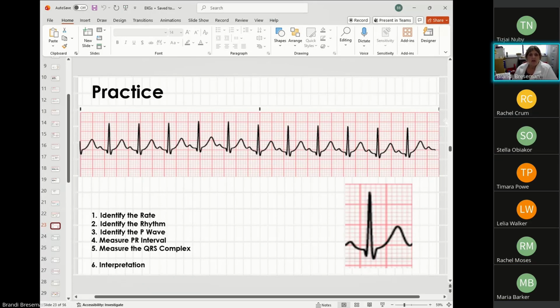Okay. Is the rhythm regular or irregular? Regular. It is regular. Correct. Good. Everybody see that? Let me get into my chat. Okay. Tell me about the P wave.